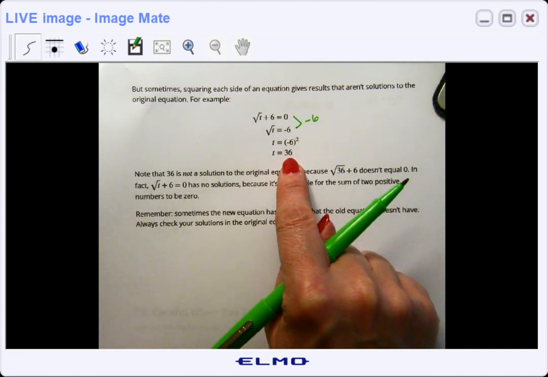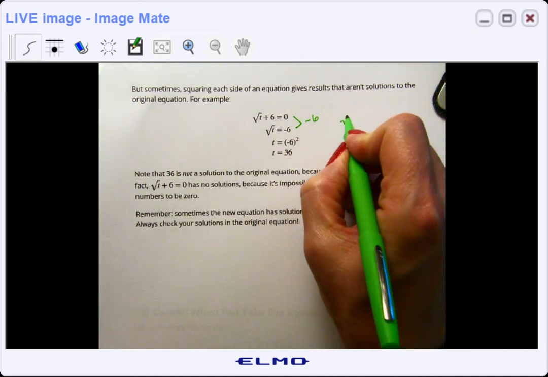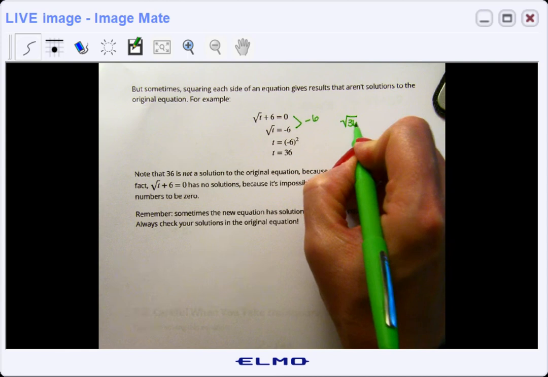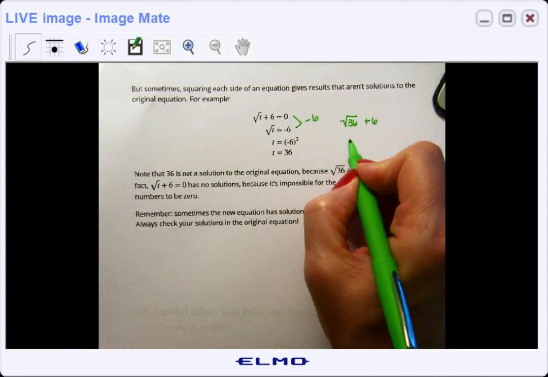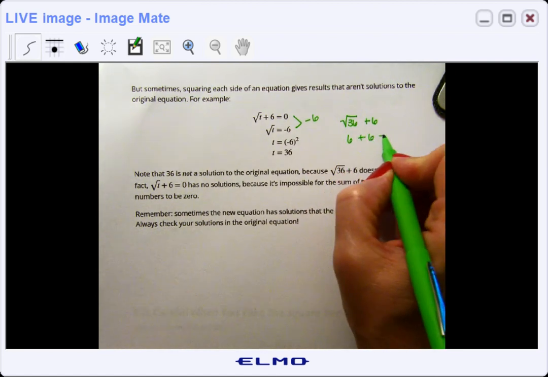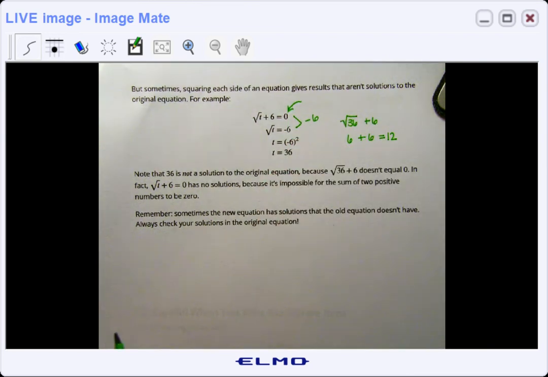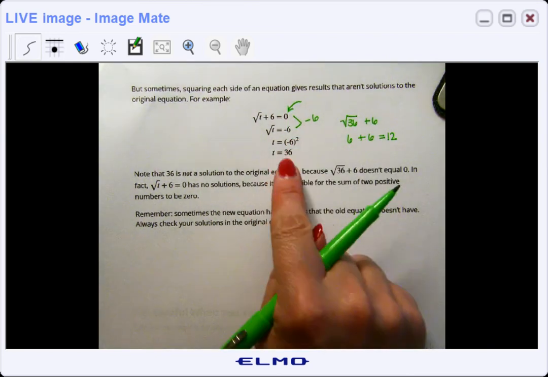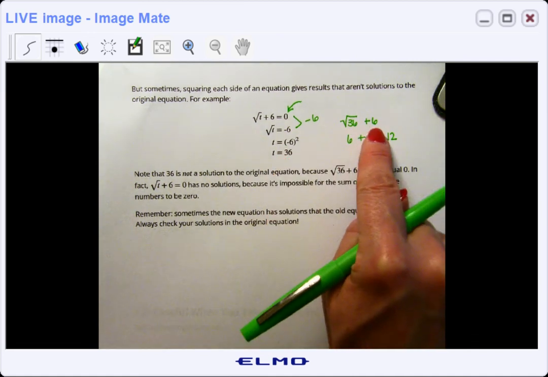Well, if we plug that back into the original equation, the square root of 36 plus 6 becomes 6 plus 6, which is 12, not 0. So although it looks like 36 could be the solution, it doesn't work when you plug it back in.